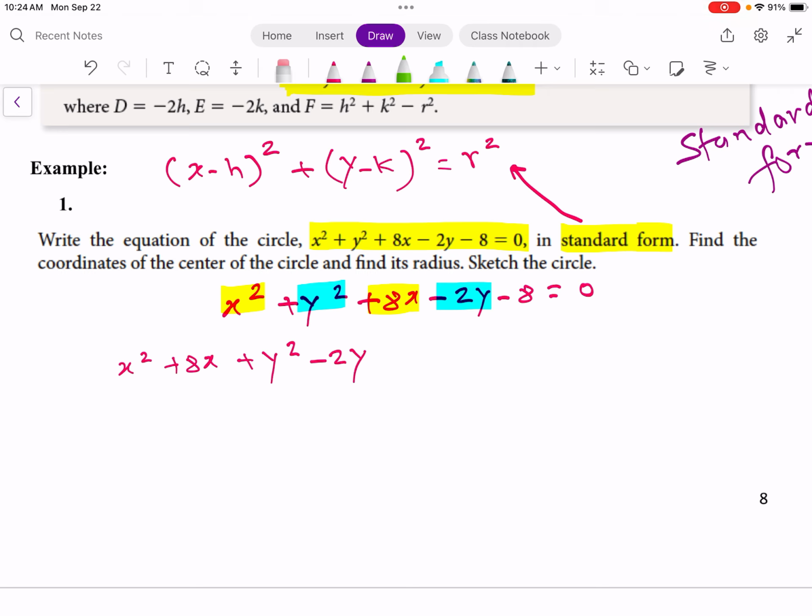It means you get rid of the constant, and for that we add 8 on both sides. We get equals 8. So this is the first step: collect the terms with x together, the terms with y together, and take the constant to the other side.